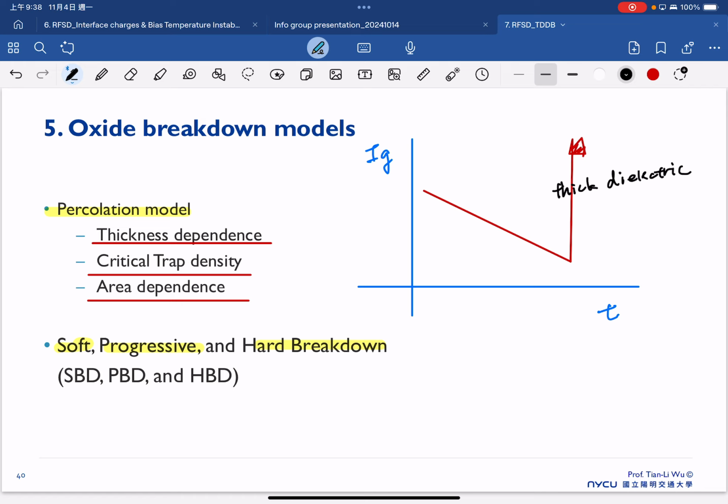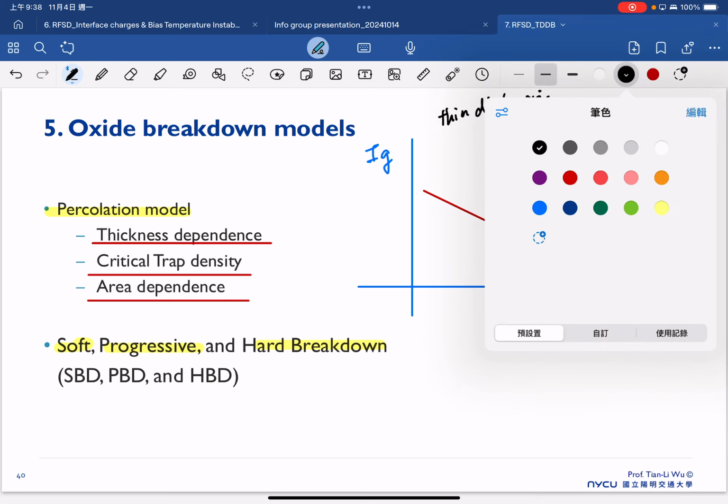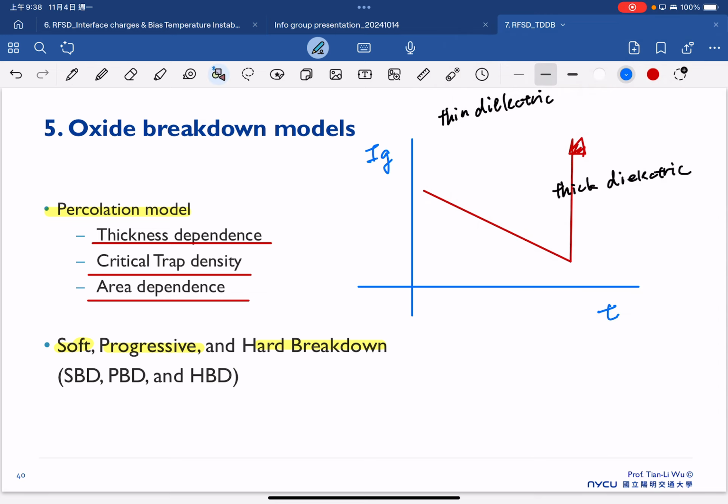But if we consider dielectric scaling, where we make our dielectric as thin as possible, then in the case of a thin dielectric we very often see the current versus time characteristics change, and normally it looks like this.